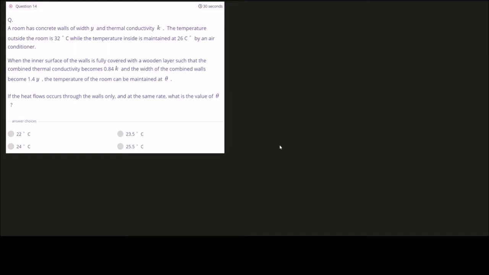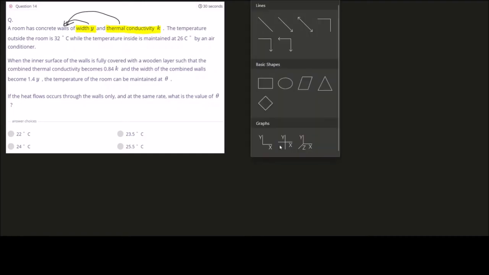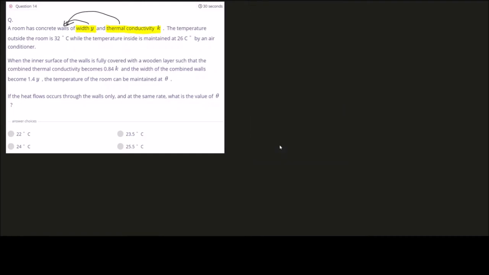A room has concrete walls of width Y, and thermal conductivity is K. So this refers to the concrete wall, which has a width of Y and thermal conductivity of K. The temperature outside the room is 32 degrees Celsius and the temperature inside is maintained at 26 degrees Celsius by an air conditioner, the thing that you really love.